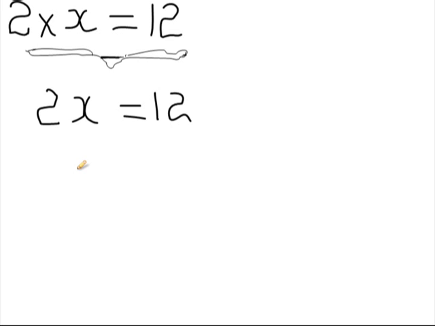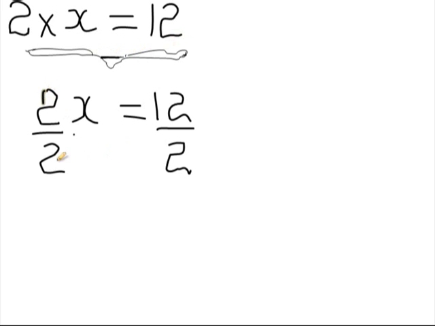But what is the method to find it? We need to cancel the 2. To cancel the 2, we have to divide. This is different. We're going to divide both sides by 2. So the same idea of balance. If I divide the left side by 2, I have to divide the right side by 2.